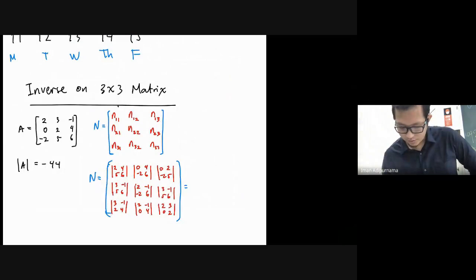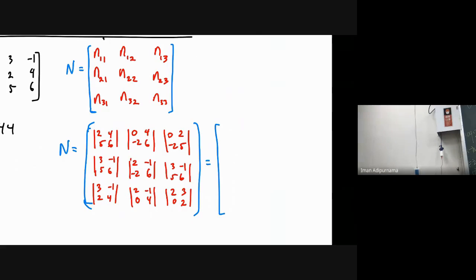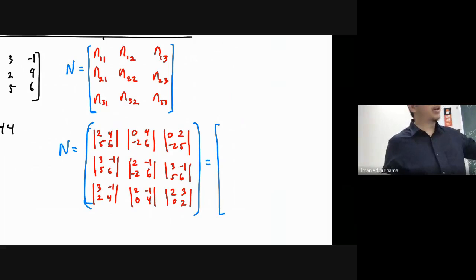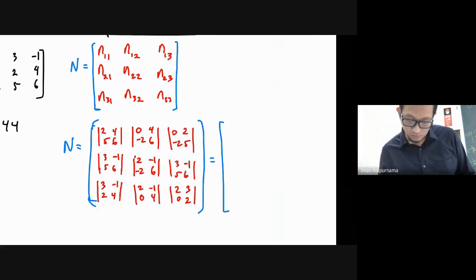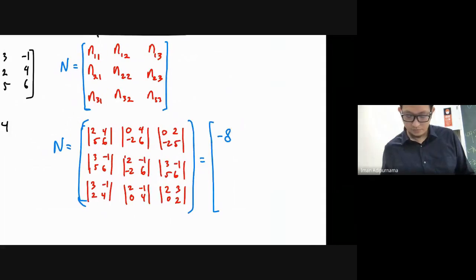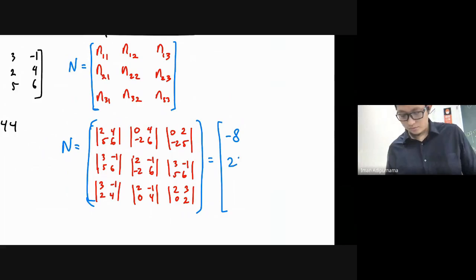Let me move here. So this will be 12 minus 20 minus 8. Just let me know if I make a miscalculation, okay? Because I haven't calculated yet. 12, this 18 minus 5, so plus 5. 18 plus 5, right? 23. 12, 14, right? 14.